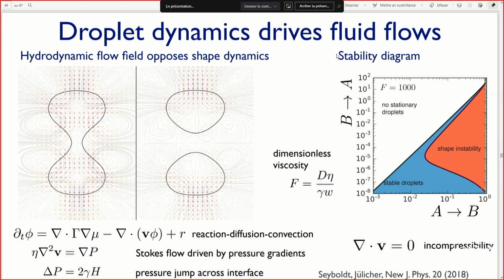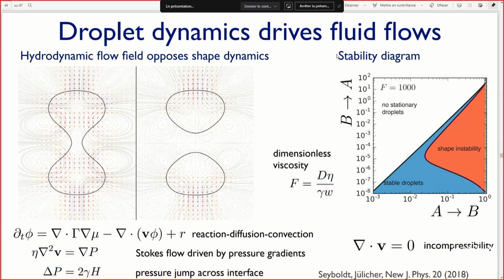And another aspect of the system, which I have so far not mentioned, is that this also couples to hydrodynamics, to fluid flows. Usually if you have an emulsion, droplets are spheres. And then the Laplace pressure is the same everywhere on the surface of the sphere, and there's a well-defined pressure inside, there's a well-defined pressure outside.